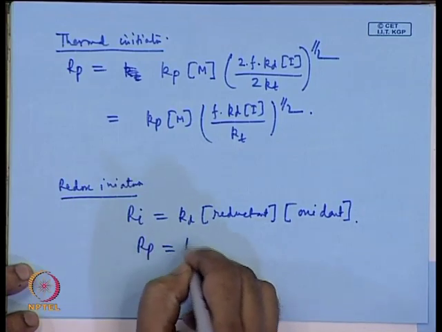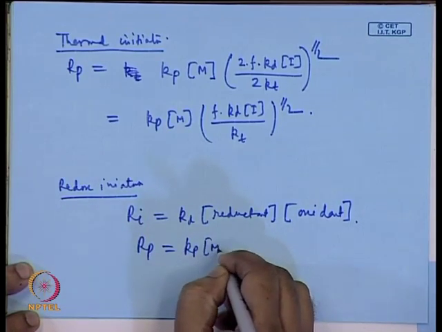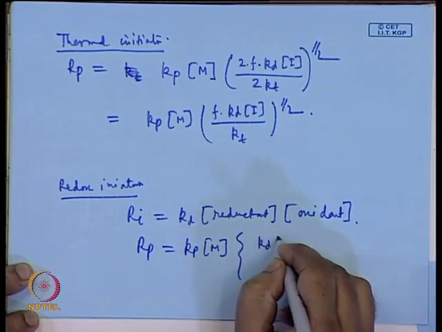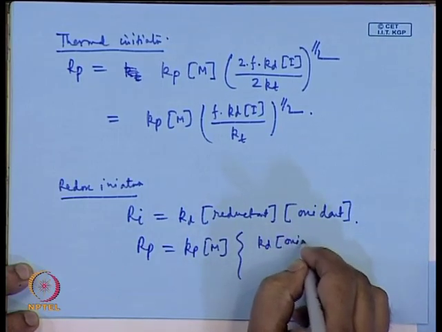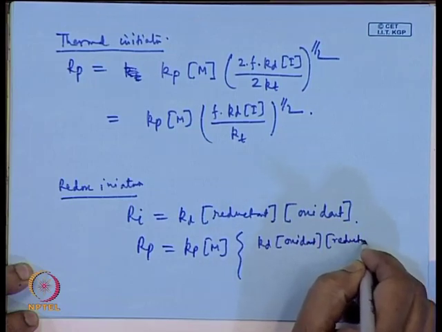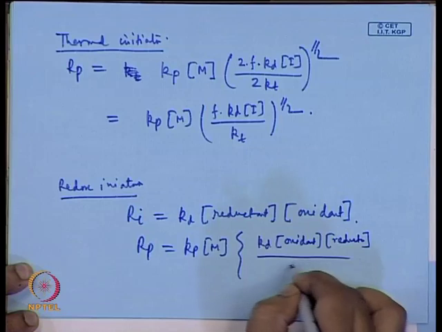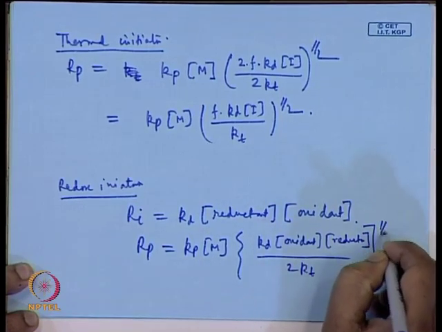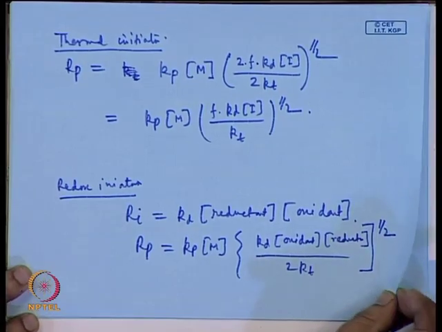So, Rp would be Kp m Kd oxidant by reductant concentration by twice Kt to the power half.